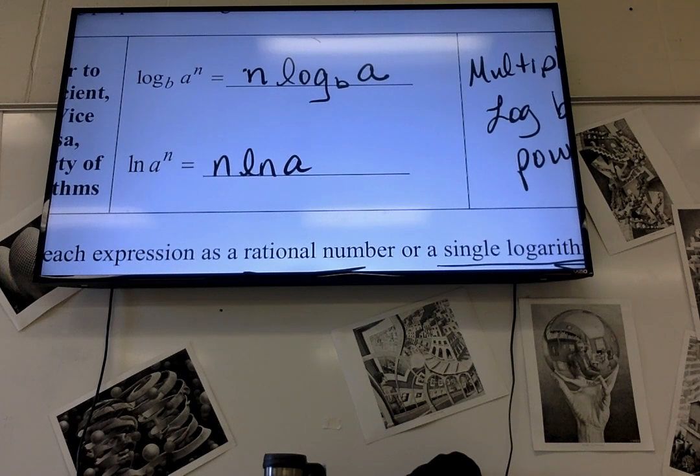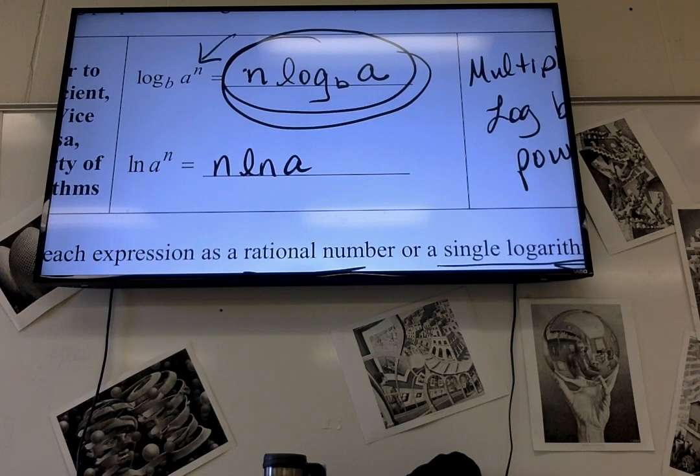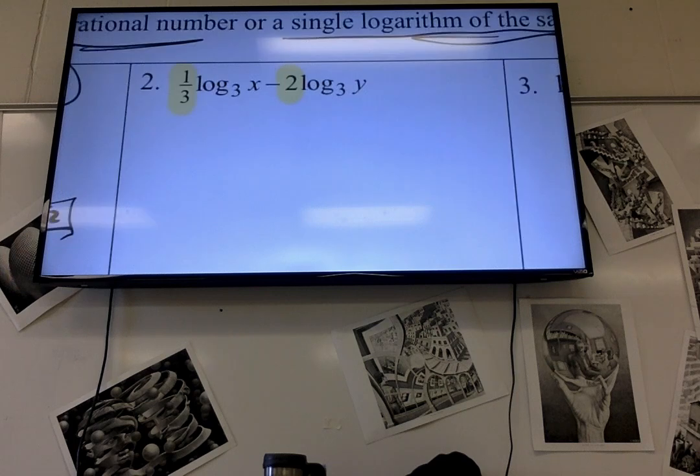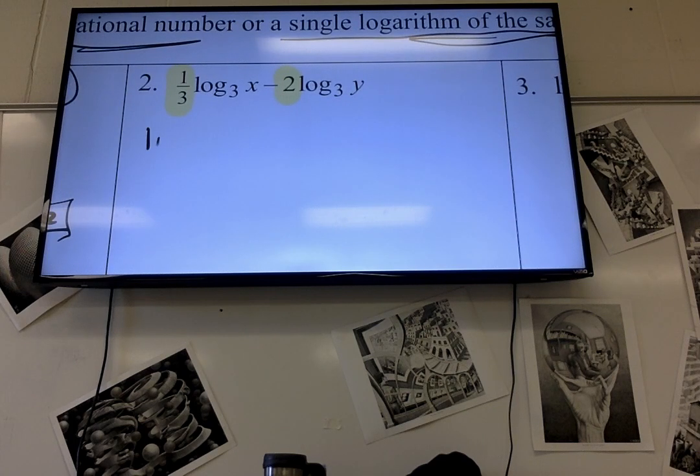If you have a number times a log, you can rewrite it right there as that exponent. So that's log base 3 of x to the 1/3 and minus log base 3 of y squared. We okay with the 1/3 and the squared?